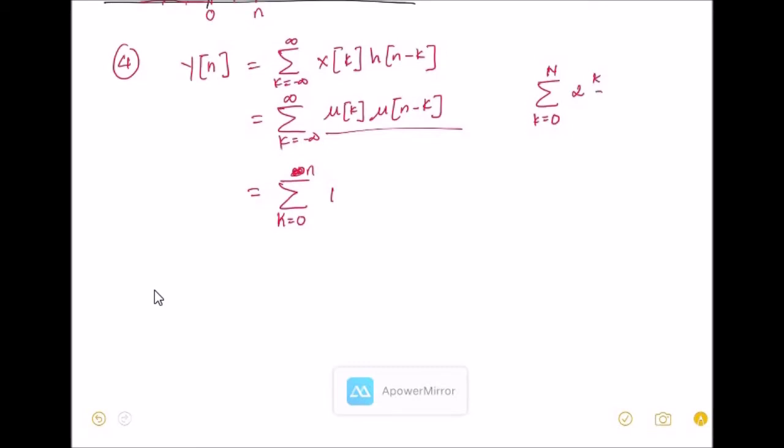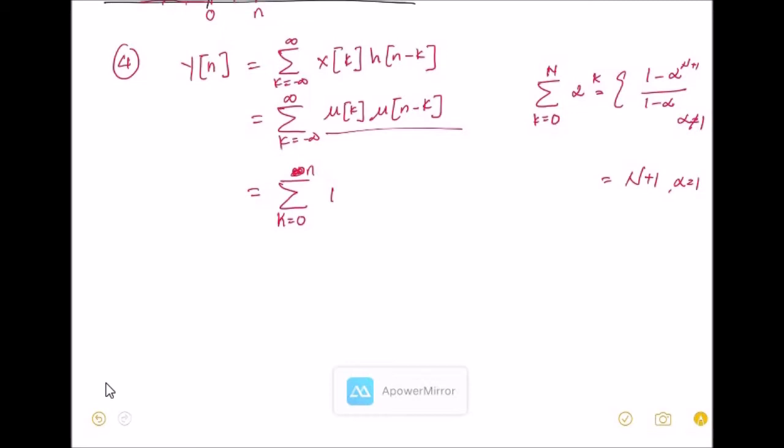The summation of alpha to the power k equals 1 minus alpha to the power n plus 1, divided by 1 minus alpha, when alpha is not equal to 1. It is also equal to n plus 1 when alpha equals 1.